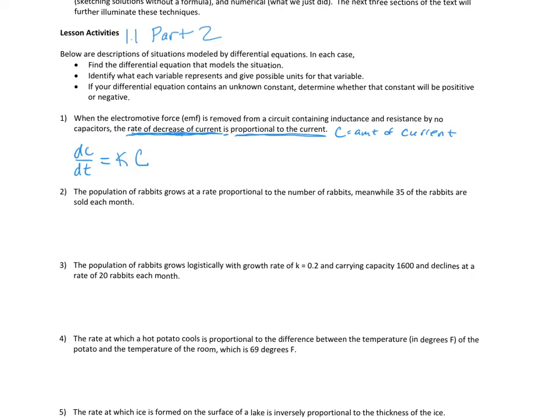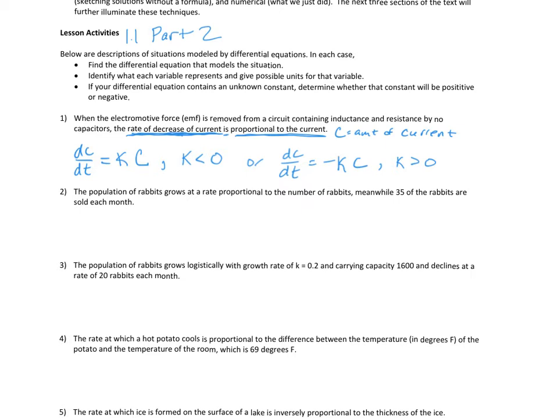And they told us that this is decreasing, dC/dt, the rate of decrease. So this is decreasing, which means that k has to be negative to make the derivative negative. Or we could write it as dC/dt equals negative kC, where k is positive. Either way, you have to make sure that the derivative is negative.